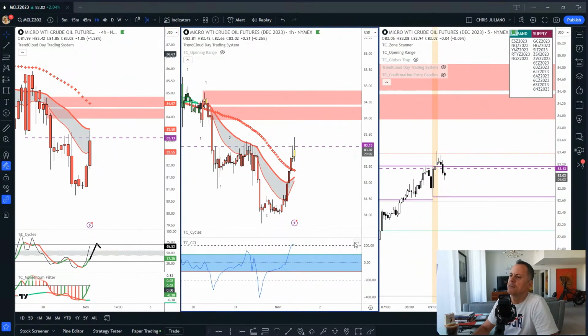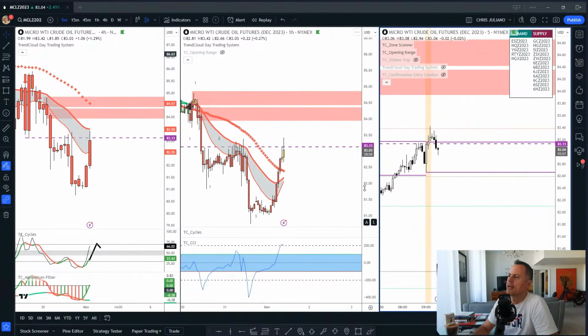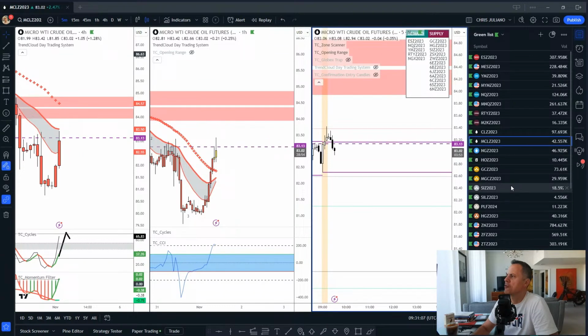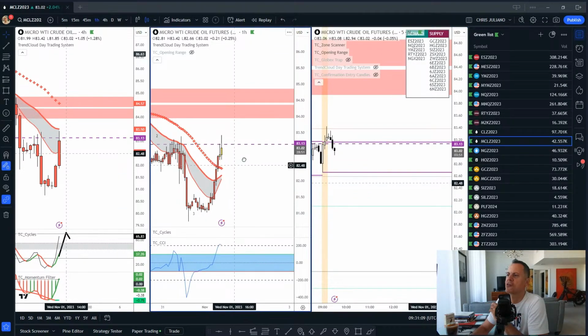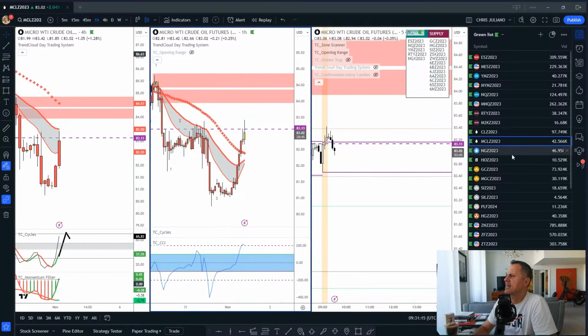So a lot of momentum there to the upside. So we don't know, right? We should really look for something that's going to give us a better opportunity.